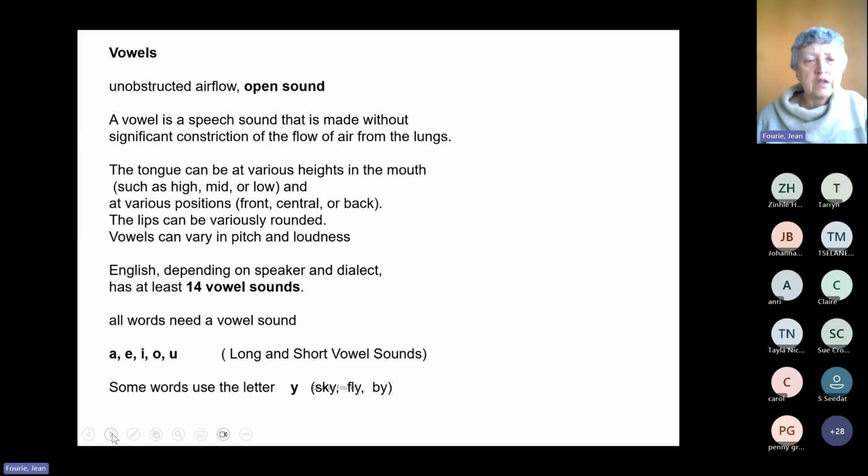Some words use the letter Y, as in sky and fly and buy. And we have at least 14 vowel sounds in the English language, and they're made with various combinations of your tongue, mouth, and sounds.